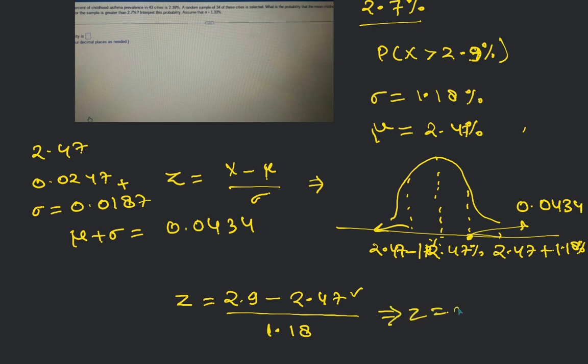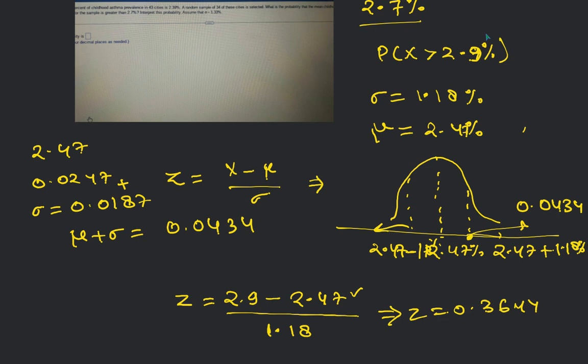Z equals 0.3644. Let me go to the Z table, the normal distribution table. Do you have the Z table? Yes, I do have one.